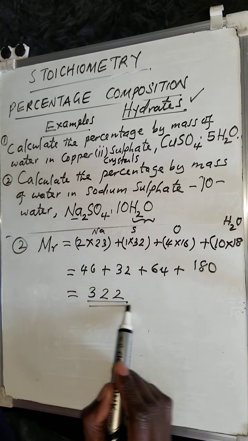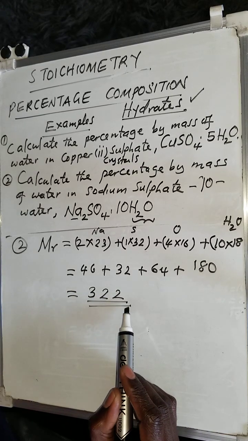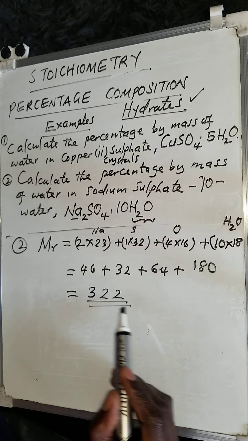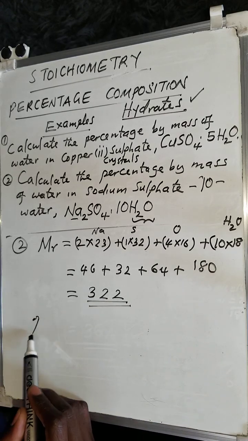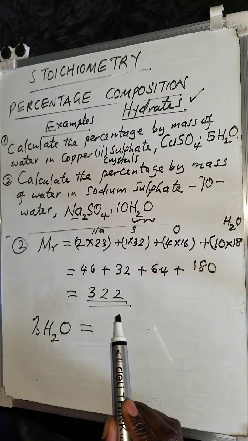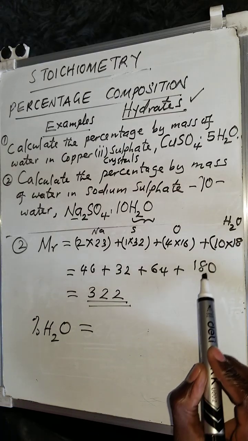All right. So once you get your 322, it is now possible to find the percentage of your H2O. So the percentage of the H2O is going to be, what is the mass of the H2O?